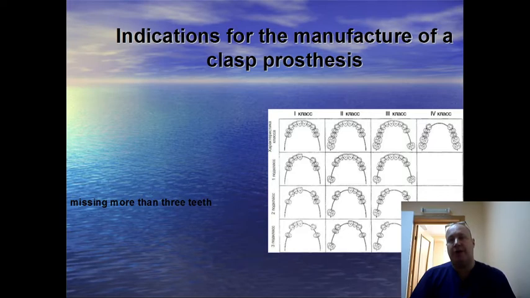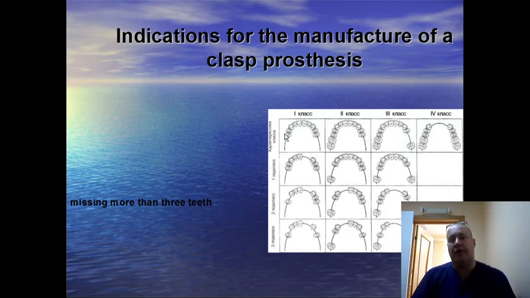Indications for the manufacture of clasp prostheses. Missing more than three teeth in the lateral part, including defects.